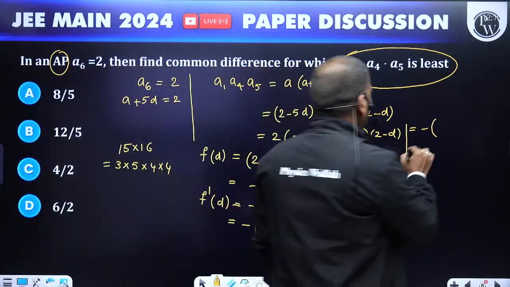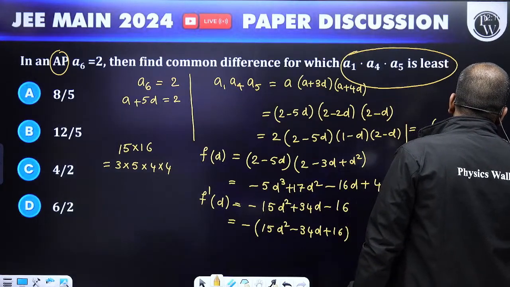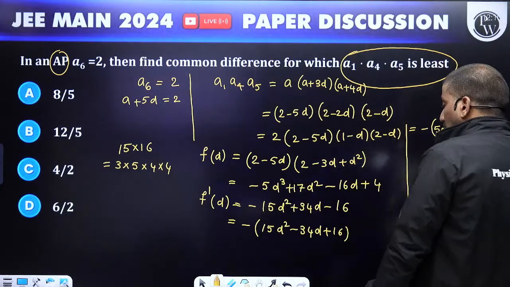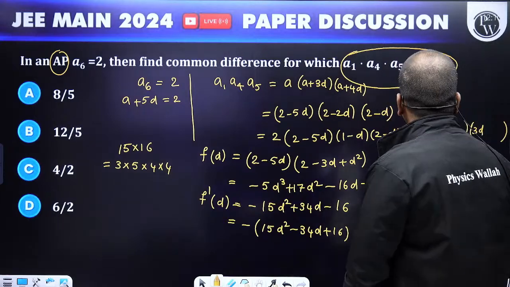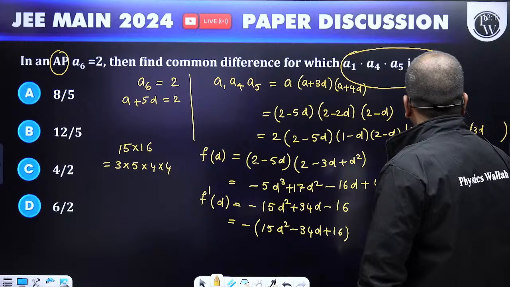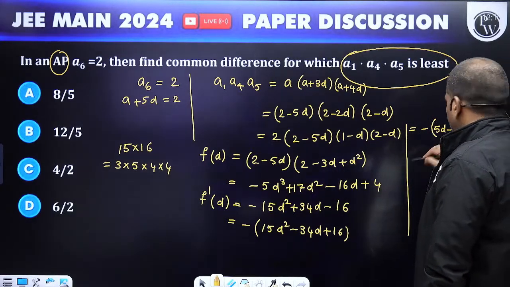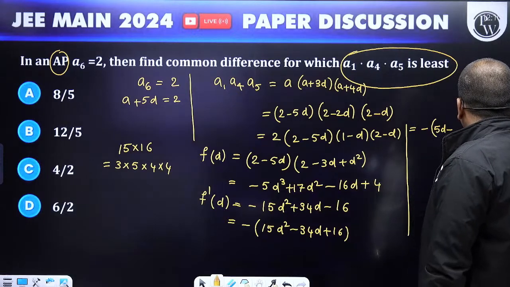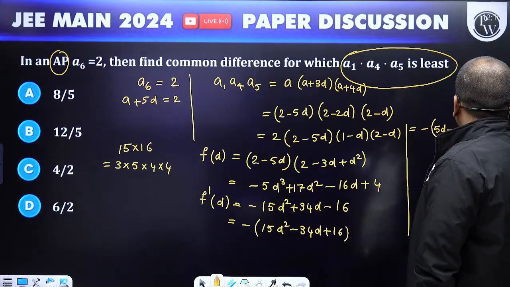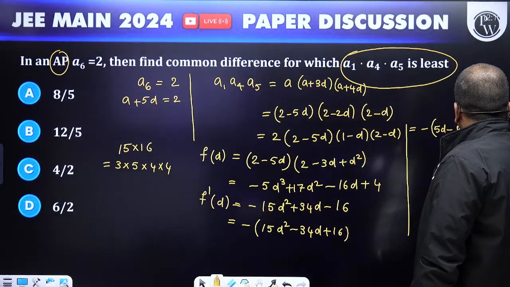If I write 5d here, and here 3d. What about the factors of 16? 2, 8. 15 into 16. So minus 2, 6, 8. Yes. So this is minus 2, minus 8.